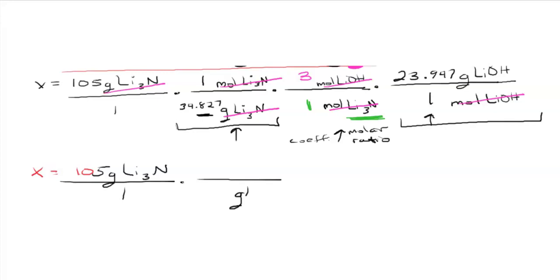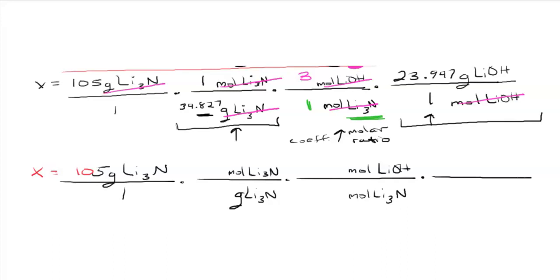I'm trying to get rid of lithium nitride, so I have to go from grams to moles of lithium nitride, and then from moles of lithium nitride I can get to moles of my unknown substance, which is LiOH, and then from moles of LiOH I can get to grams of LiOH.